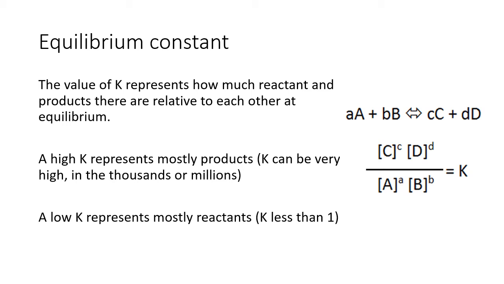If there is a very high K, it represents mostly products, because if you have the products over the reactants and you have lots of products, you're going to have a very high value. If you have a low K, you're going to be mostly reactants, because you're going to have lots of these down here. So a high number like 20 to 1 gives a high value, and 1 to 20 gives a low value, less than 1. High value, lots of products. Low value, lots of reactants.